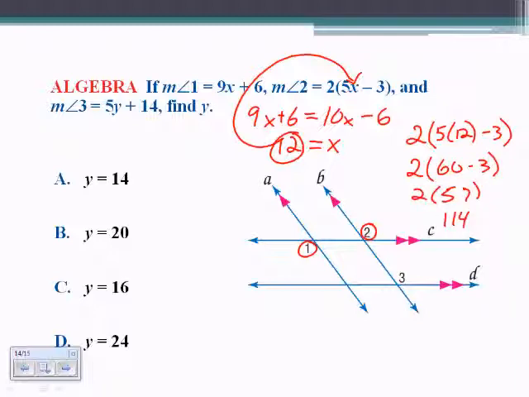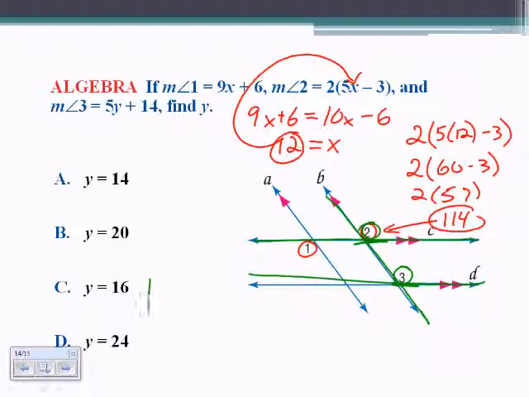So we have 114 for the degree measure of angle 2, and now we're looking at the relation between angles 2 and 3 on line C and line D, the transversal, the green lines. Angle 2 and angle 3 are corresponding, so by the corresponding angle theorem, the measure of angle 3 is equal to 114.